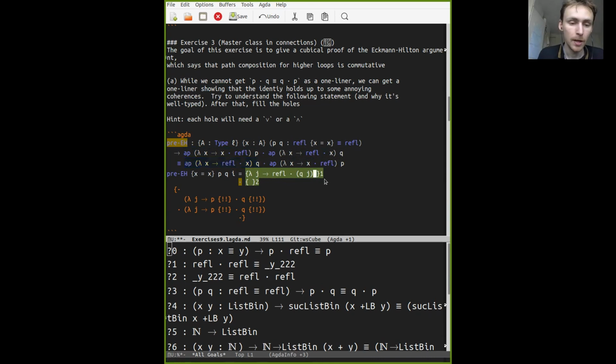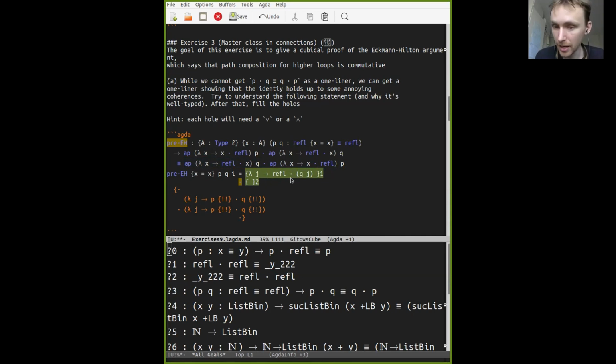And so when i is 0, we want this term, lambda j, p j composed with refl. And when i is 1, we want refl composed with q j.